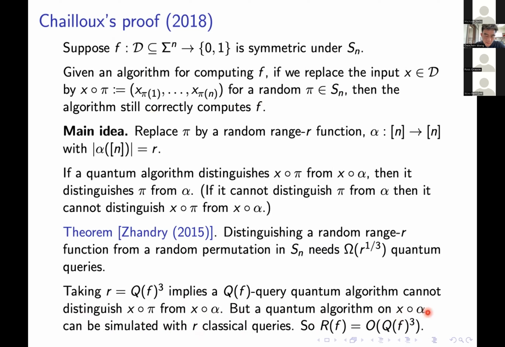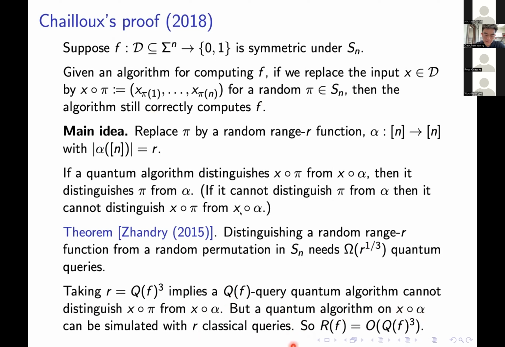Well, x composed with alpha only has range R, so there are only R positions in x composed with alpha that will ever be used by the quantum algorithm. So a randomized algorithm can simulate this simply by querying those R positions that the quantum algorithm ever uses.